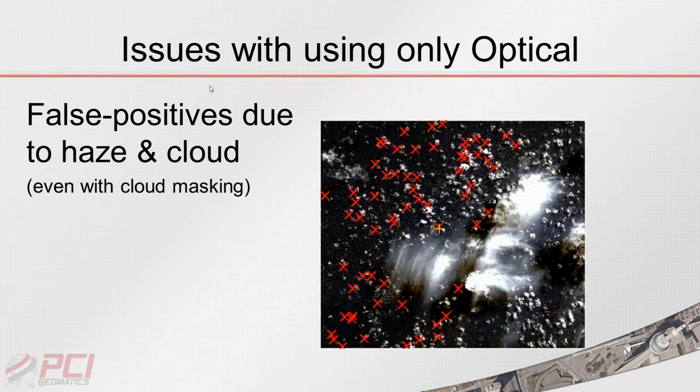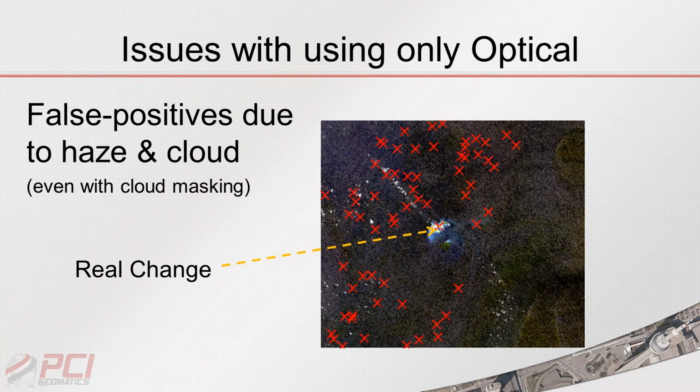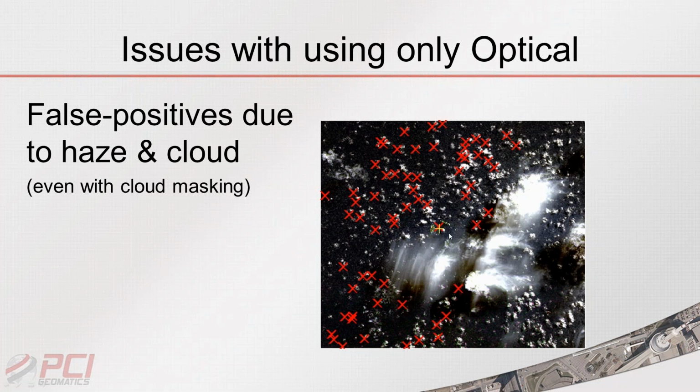One of the issues with this approach, if we were to only use optical imagery, is that we are overwhelmed with atmospheric contamination. Here you can see we ran the analysis previously using just 2 Landsat images, and what we got was a number of false positives due to the clouds and haze in the area.